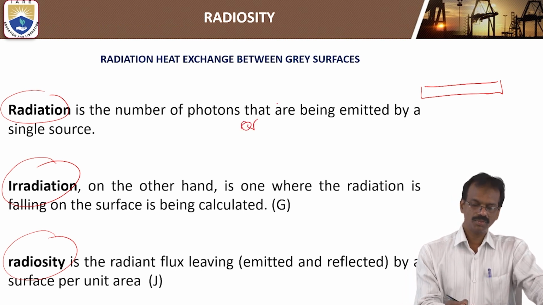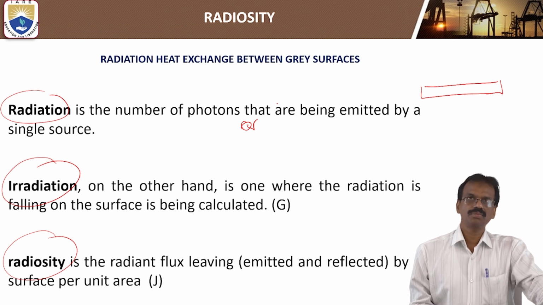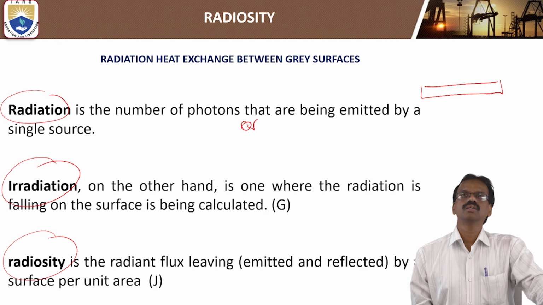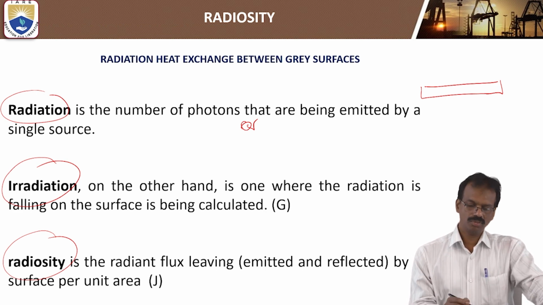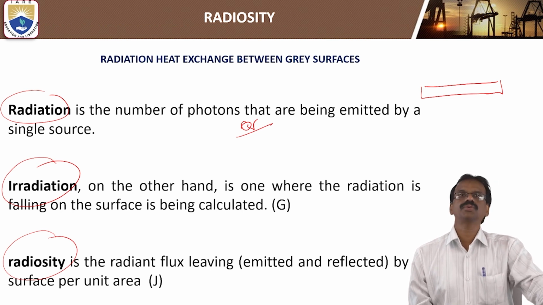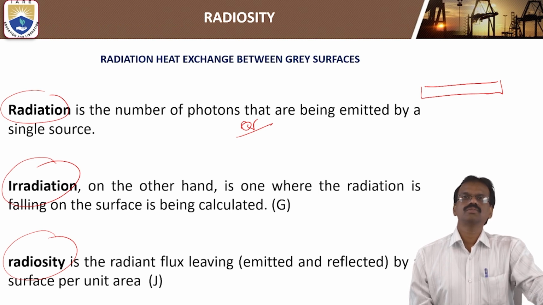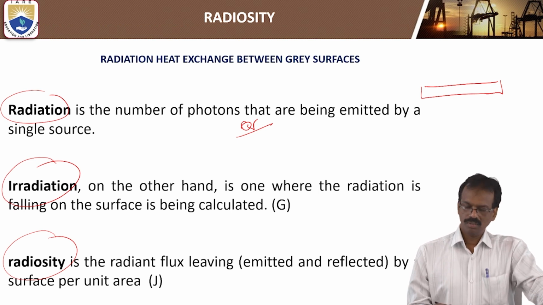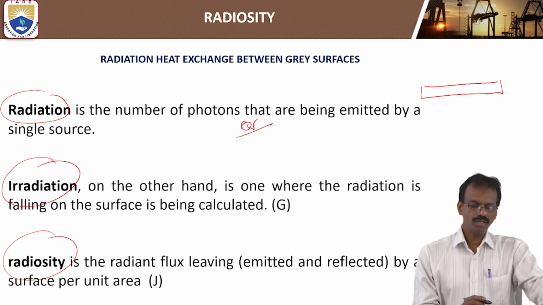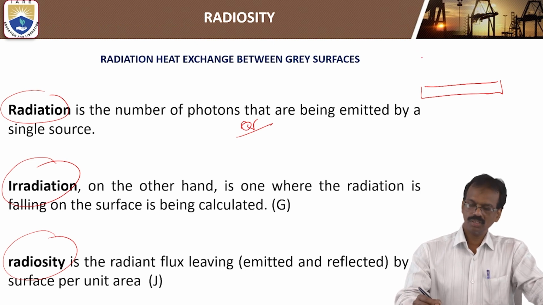It is represented by Q, the rate of heat transfer between any two surfaces. Irradiation is the radiation falling on a surface, and it is represented by G.